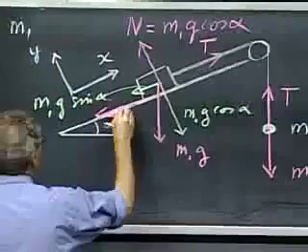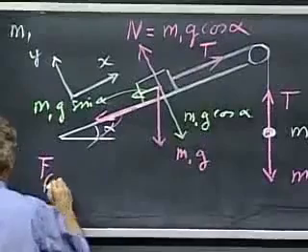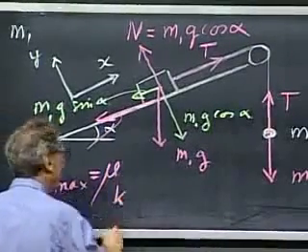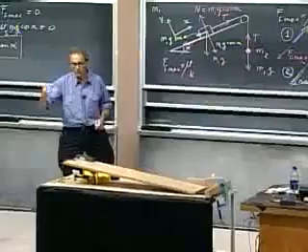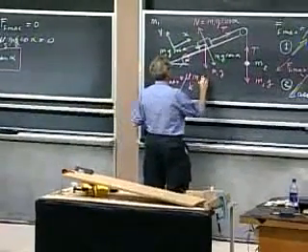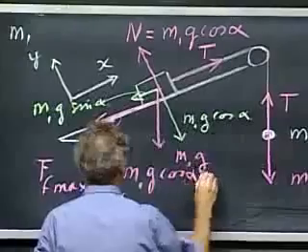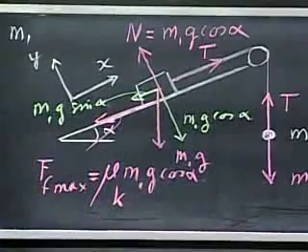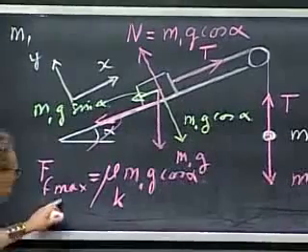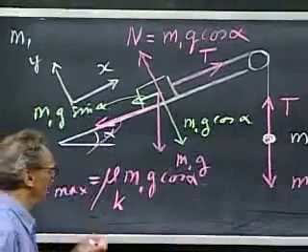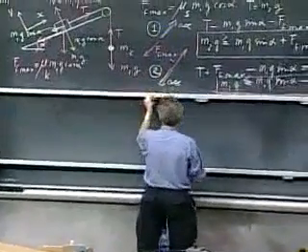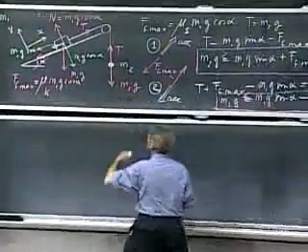I know that this is the maximum friction possible, which now becomes mu kinetic times M1 times G times cosine alpha, because it's going to move. So that is already one change. It is moving, for sure, it's going to be accelerated, so the frictional force is in this direction and has this value.